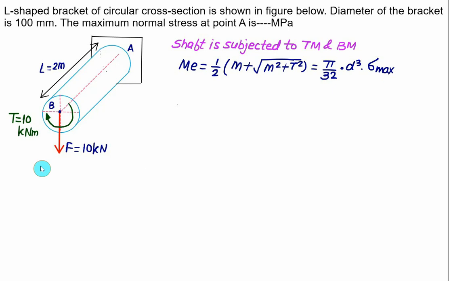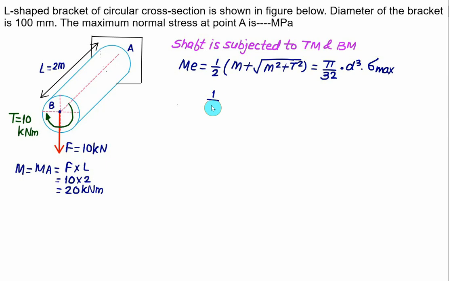Now the only thing you have to calculate here is the bending moment at A. So the bending moment at A will be MA equal to force multiplied by length L, that is 10 multiplied by 2, equal to 20 kilonewton meter. So M value is 20, torque is equal to 10. So we can solve this and find out the value of sigma max.